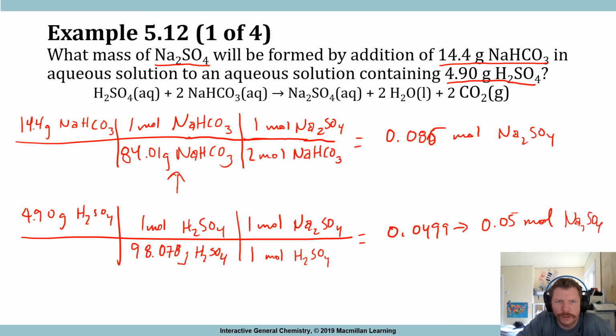Okay, so the question though is what mass of Na2SO4 will be formed by the addition of 14.4 and so on. So now what I need to do is repeat this, which I'm going to write all out. 4.90 grams of H2SO4.